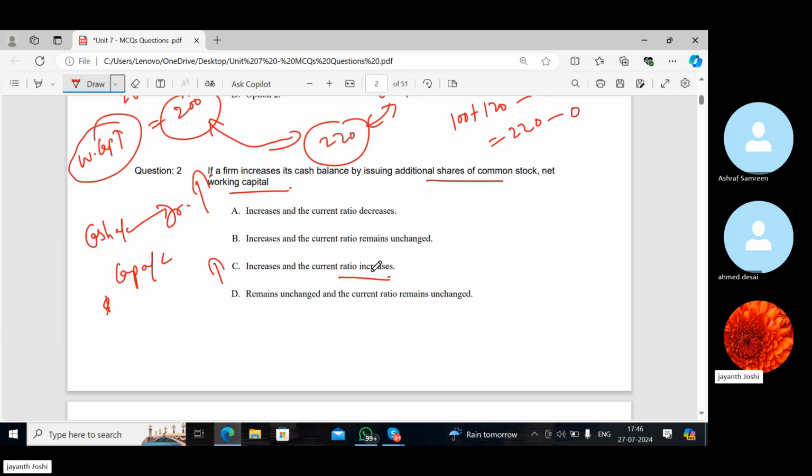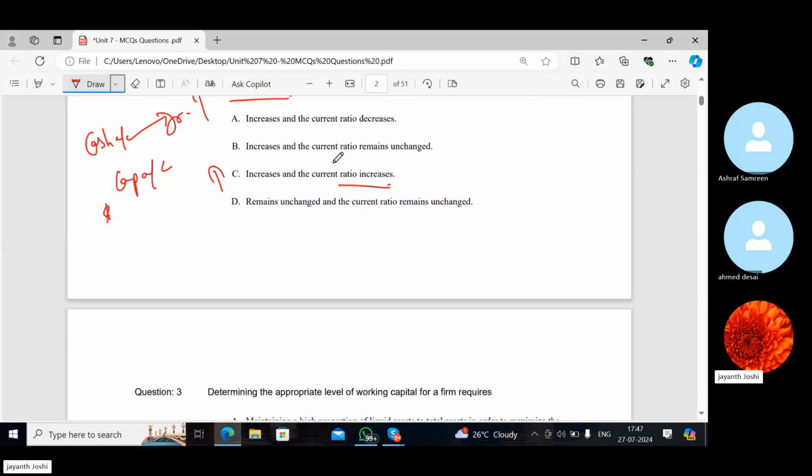So increases and current ratio increases. So option C. Next question.